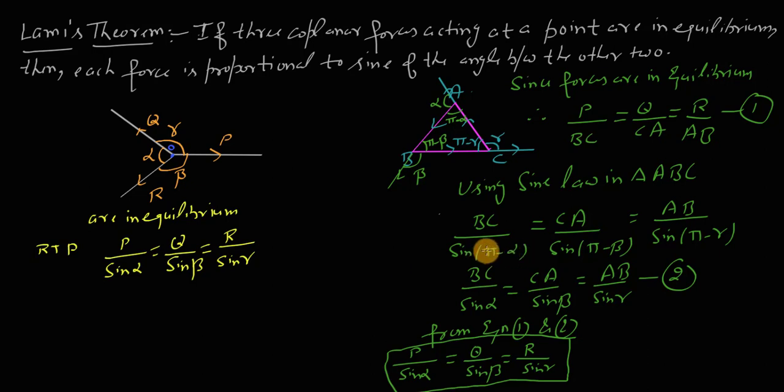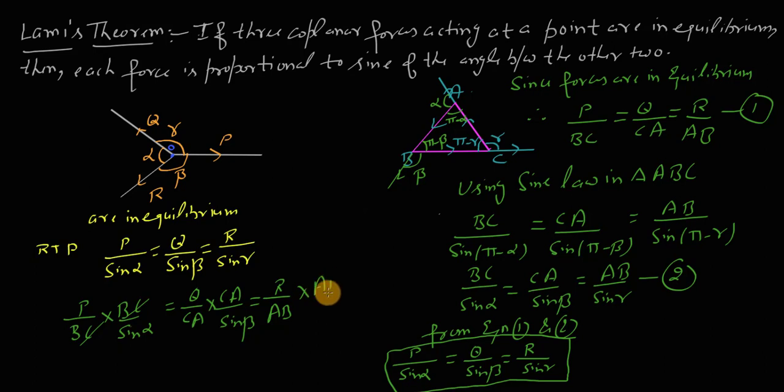Because if you do the simple multiplication of the terms of 1 and 2, we will get P by BC into BC by sine alpha, and this BC to BC will cancel out. Similarly, Q by CA into CA by sine beta. And this will be R by AB into AB by sine gamma. This AB to AB will cancel out, CA to CA will cancel out. So ultimately we get this result.